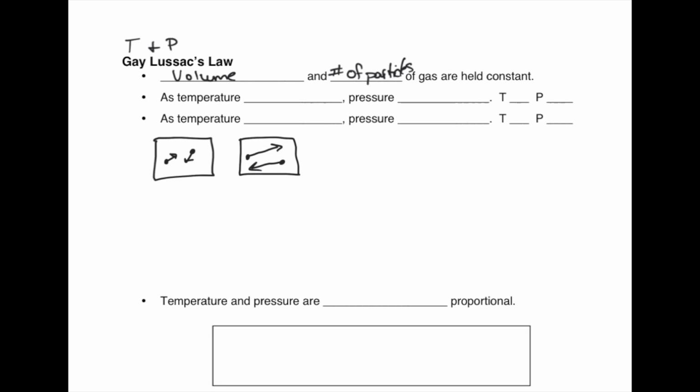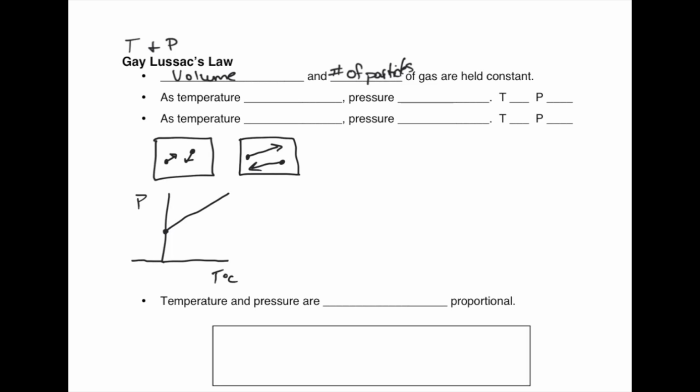Right? So we can make a graph of this. Now we're going to look at two separate graphs. All right? If we look at this relationship between pressure and temperature in degrees Celsius, the graph appears like this. Okay? Where this point on the graph right here represents 0 degrees Celsius, right? But we still have particles moving. We still have a pressure, right?